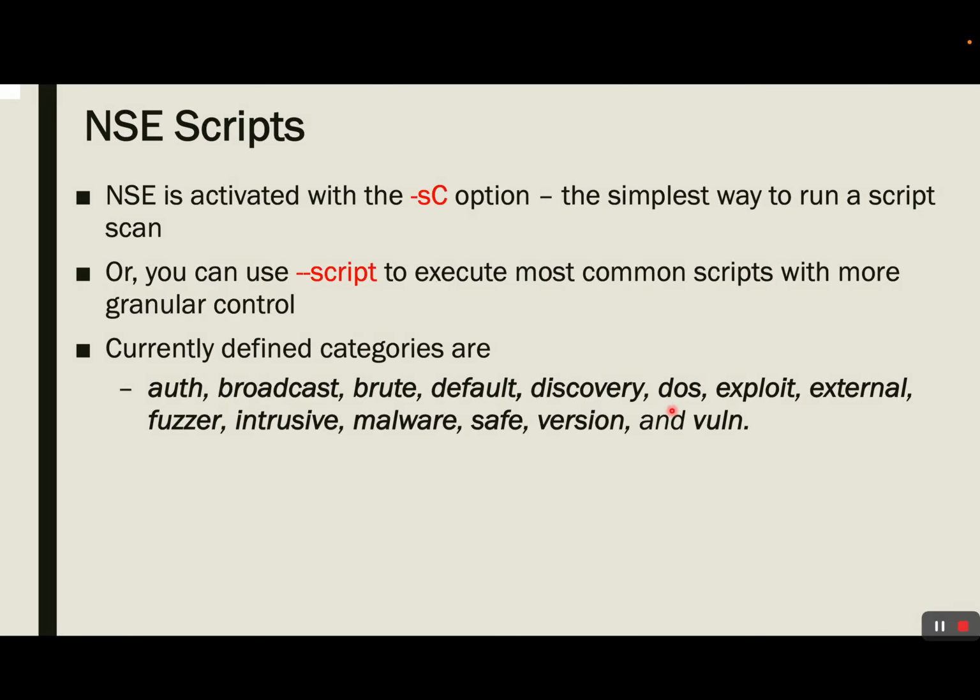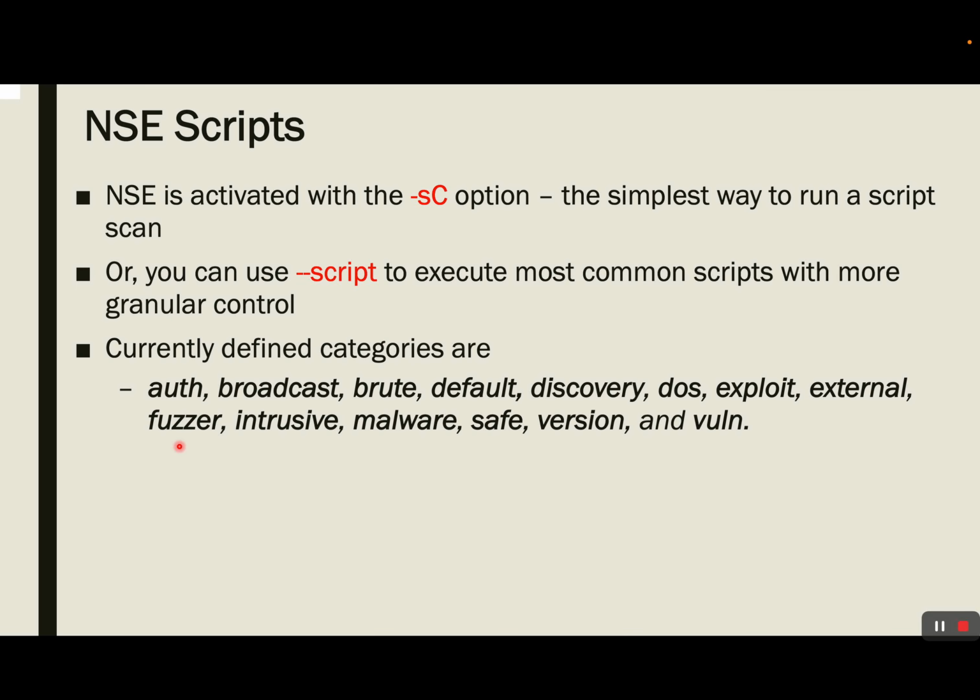DoS scripts are for testing network service availability and handling of DoS attacks. The exploit category is for testing the vulnerability of a specific service or protocol. The external category is the one you use if you want to interact with external systems, like DNS servers or web servers.